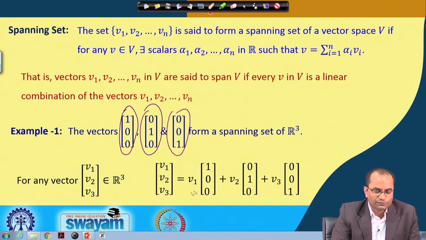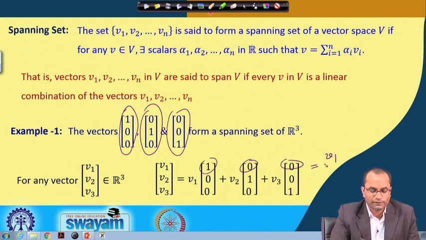What we need to do is just multiply the first vector by the number V1, the second one by V2 and the third one by V3. And as we see clearly, the first component here is V1, and here we have 0 0. So, basically this will add to V1, the second one has 0 and 0, so only V2 will come up, and in the third one when we add, only V3 will come up.